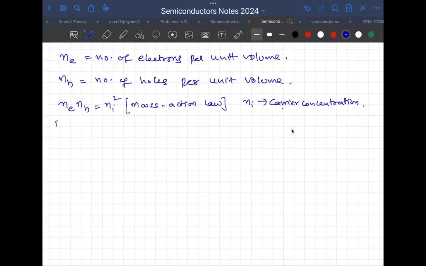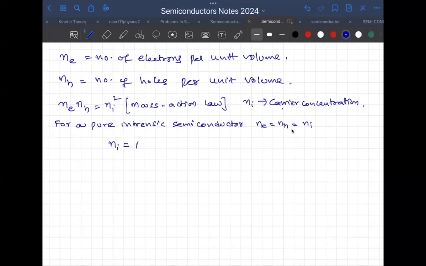For a pure intrinsic semiconductor, Ne is equal to NH is equal to Ni. As I mentioned, Ni is a function of temperature.